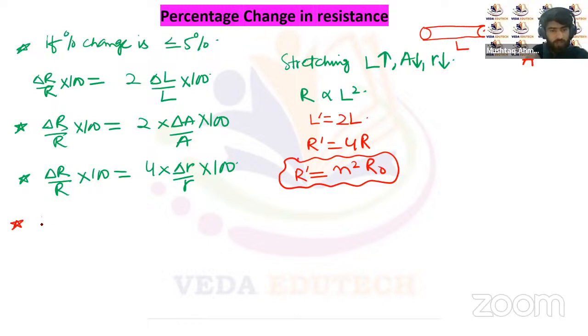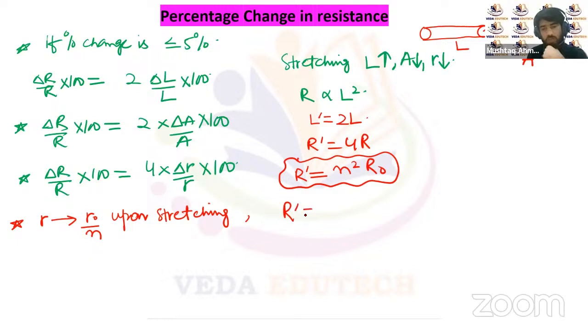Similarly, if the radius of this conductor upon stretching decreases to r naught by n, then the new resistance will become n to the power 4 times the older resistance.